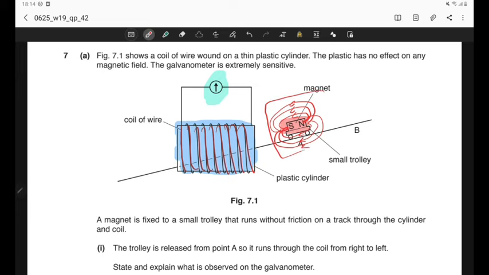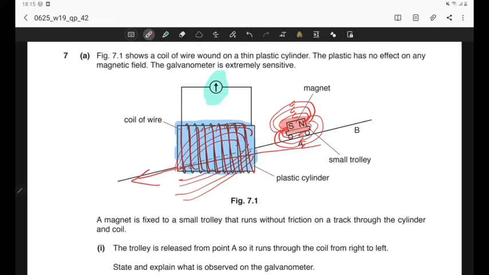When the trolley is released, it will move freely inside the coil. So when it is moving, these magnetic field lines will be linked with this coil, and this magnet will continue to move towards the other end.